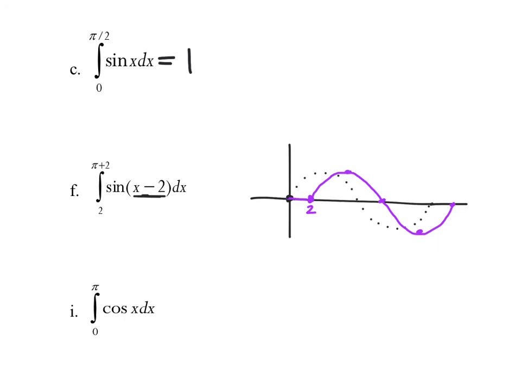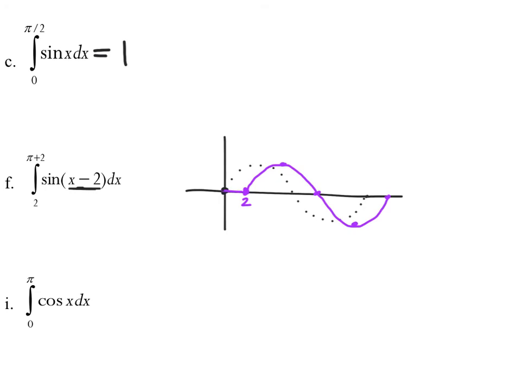I'm looking for the area between 2 and this location, which would be pi plus 2. Sorry, 2, that's not pi plus 2. That's 2 pi plus 2. This one will be pi plus 2. So I need this area, which would be what? 2.